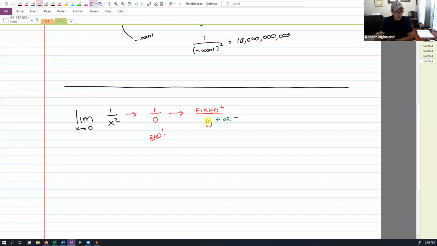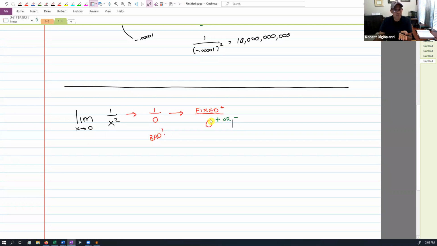Which side does it say right here? Both. But there's one element to this problem that eliminates us worrying about plus or minus. What can you tell me about the denominator? It's squared, which means it's always what?